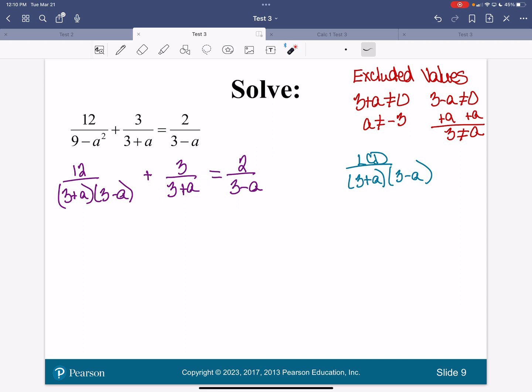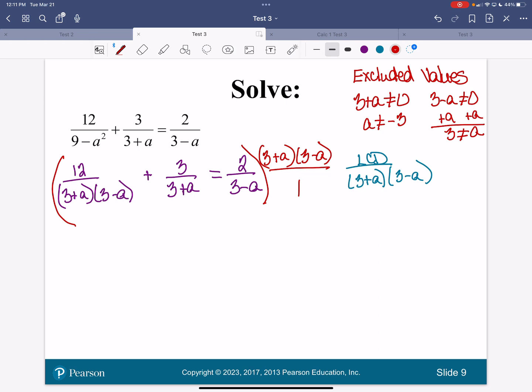I do, so I don't have to write it down again. And do I have this one covered? I do, so I don't have to write it down again. Now I'm going to multiply everything times 3 plus a, 3 minus a.